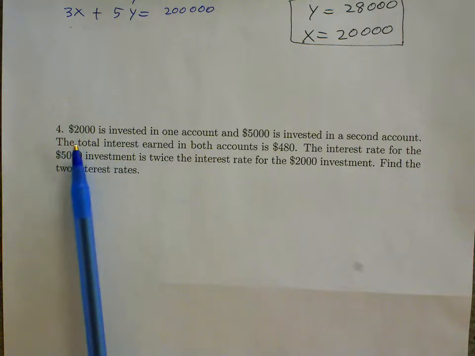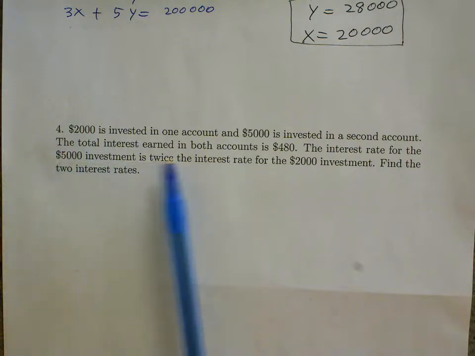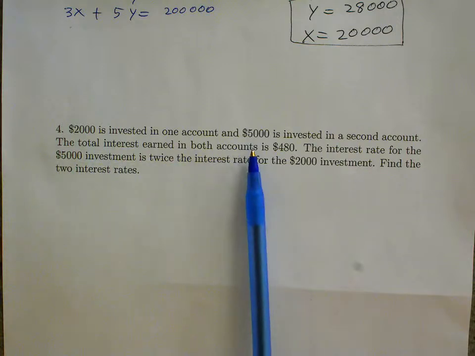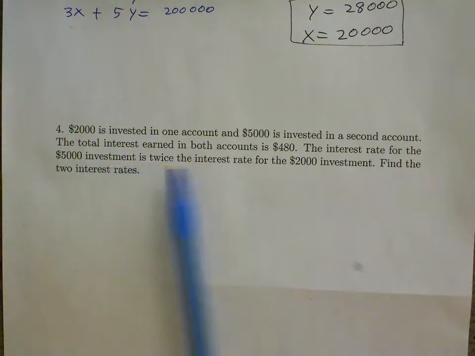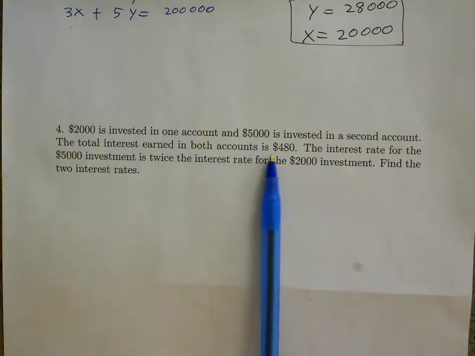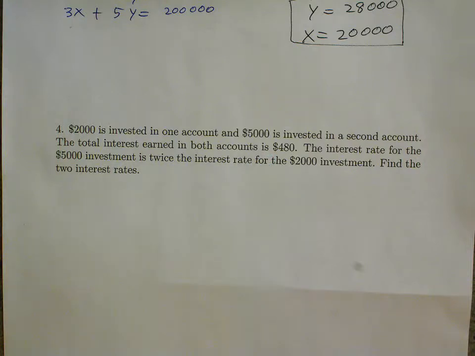This one says $2,000 is invested in one account and $5,000 is invested in a second account. The total interest earned in both accounts is $480. The interest rate for the $5,000 investment is twice the interest rate for the $2,000 investment.